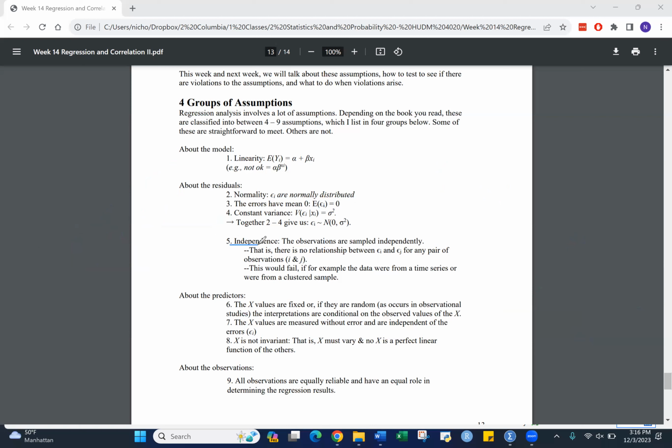Next, the observations are independent. That means the scores from one person, or if you're studying schools, one school, don't influence the scores of the next school or person, right? So independence has been an assumption all semester.